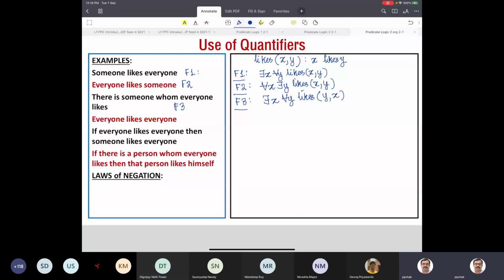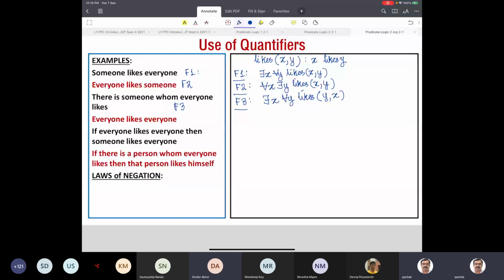Druhin Abrol, is this F3 right? Sir, I think F3 is like another form of F2. I think there should be only one X for all Y. There is someone whom everyone likes.